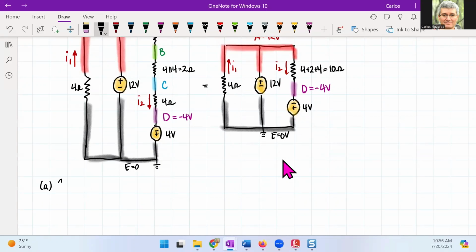We want to calculate I1 and I2 using resistor reduction, because we've used resistor reduction up to this point.